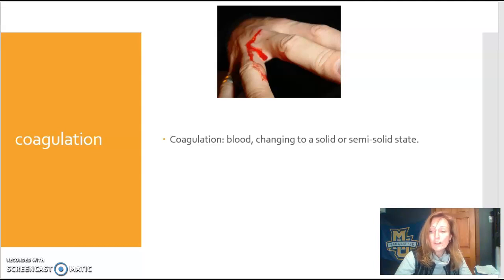So we know that there are drugs that affect clot formation. They include antiplatelet drugs like aspirin, which alter the platelet aggregation and the formation of that platelet plug. Anticoagulants, which interfere with the clotting cascade and thrombin formation, such as heparin and warfarin.